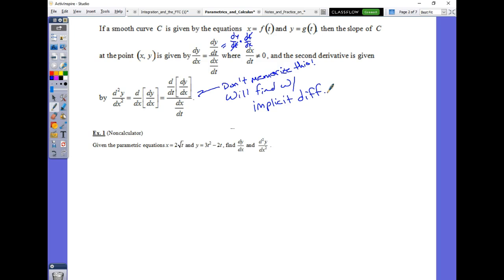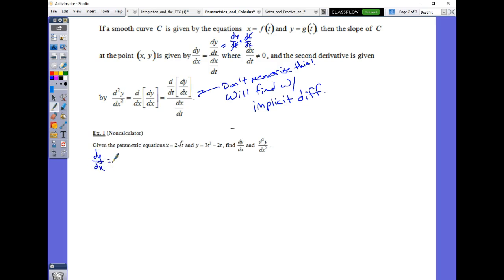So example 1. Given the parametric equations x equals 2 root t, and y equals 3t squared minus 2t, our job is to find two things: the first derivative of y with respect to x and the second derivative of y with respect to x. So let's find the first derivative, because you can't find the second derivative until you have the first.